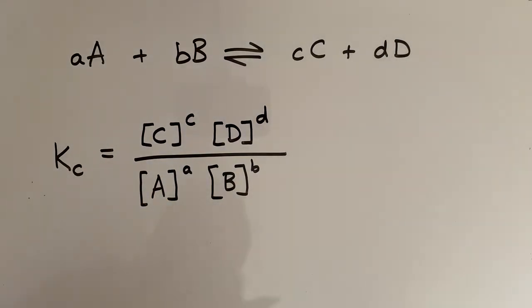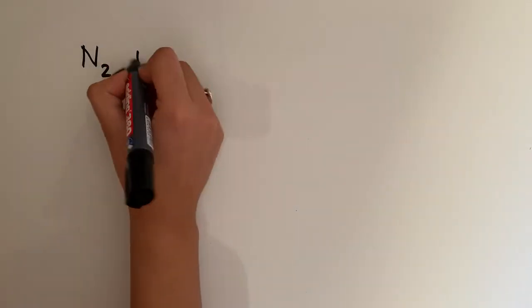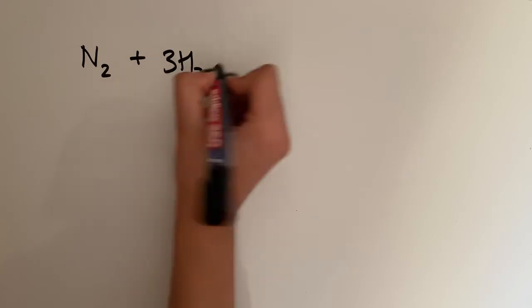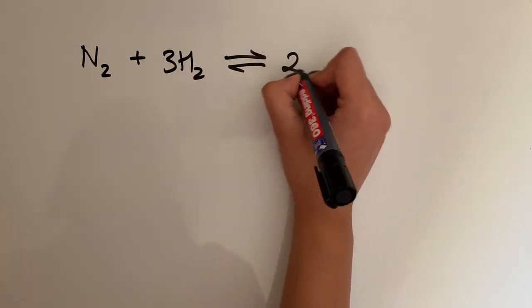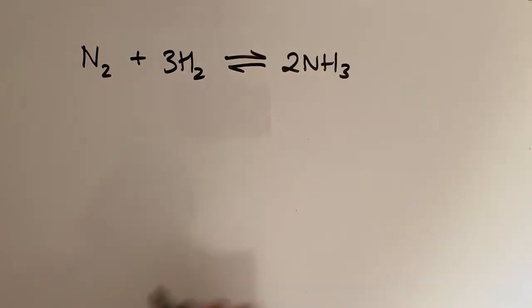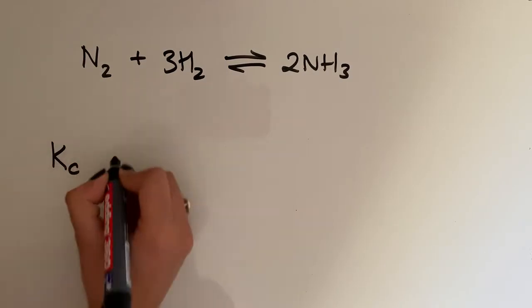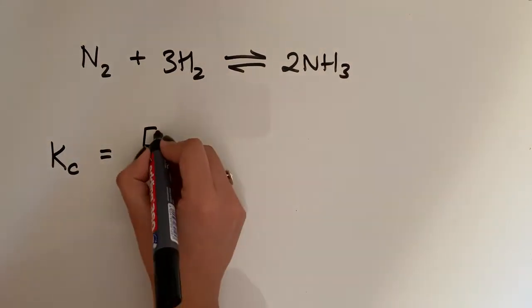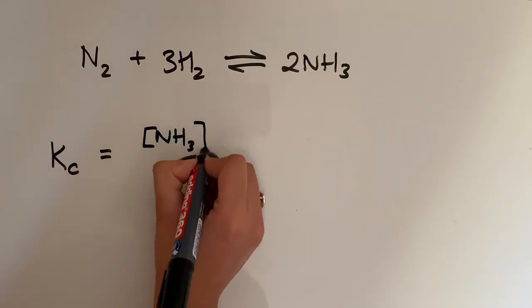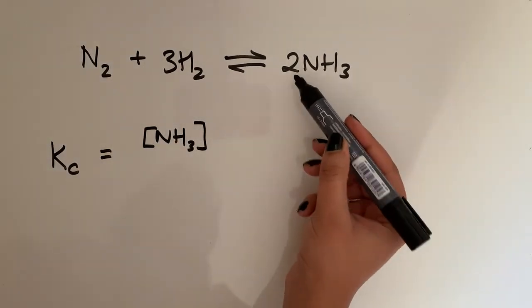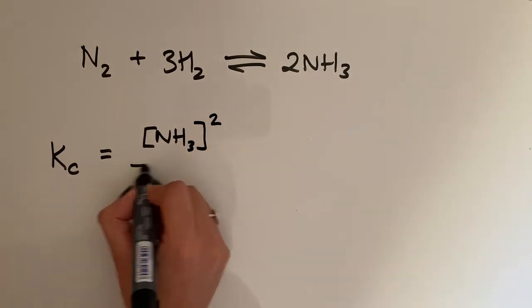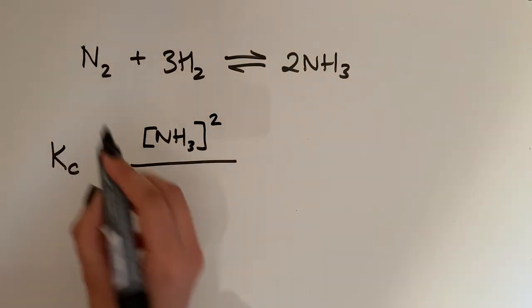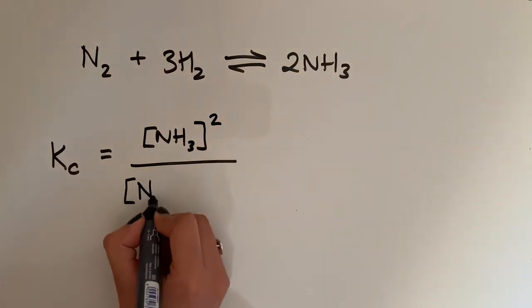Let's now actually apply this to an actual reaction. So let's just go for the Haber process again. You always write out the balanced equation first. Okay, so the Kc expression for this is going to be the concentration of the product, so that's just ammonia, raised to its balancing number. So this is going to be squared, divided by the concentration of nitrogen.